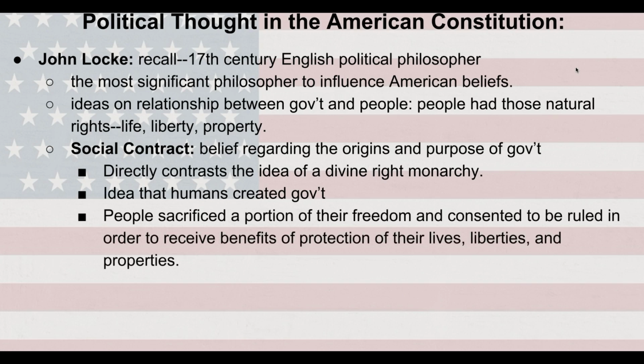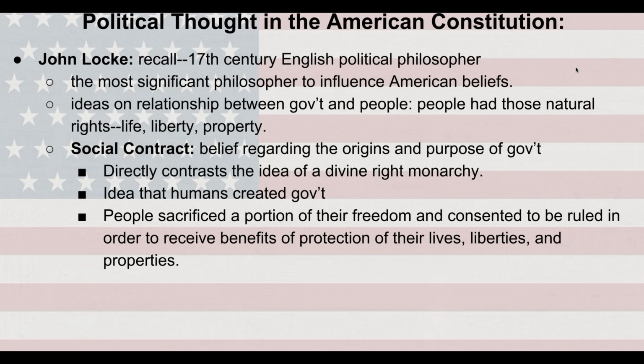And so people are going to enter into an agreement or a contract with a man-made government, and they will sacrifice a portion of their freedoms, and they will give the government the consent to rule over them as long as the government will protect their lives, liberties, and properties.